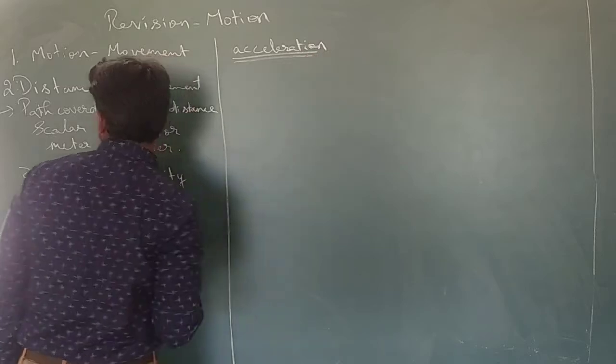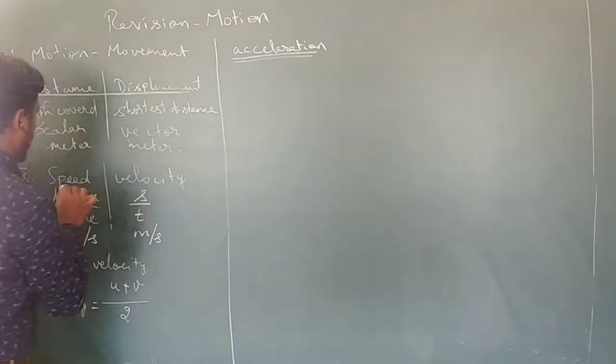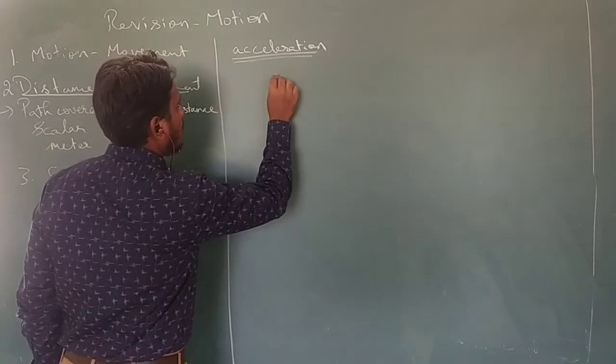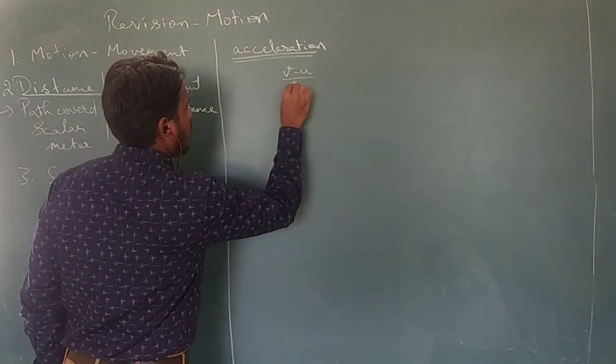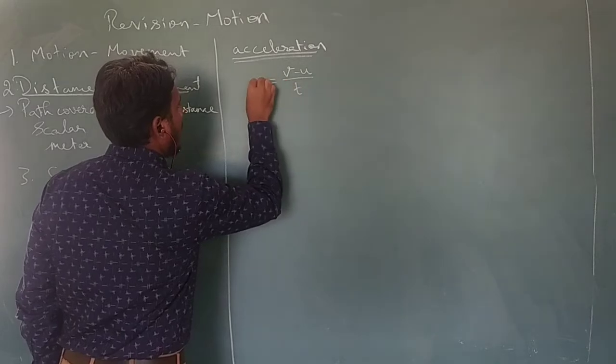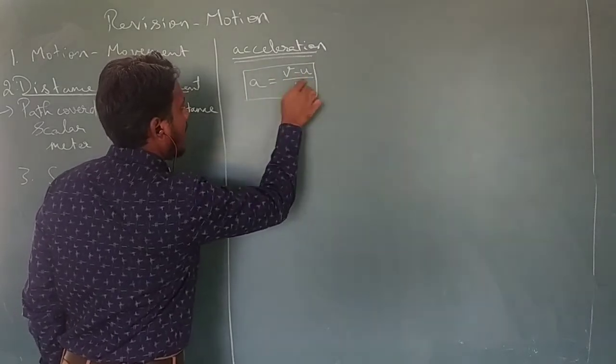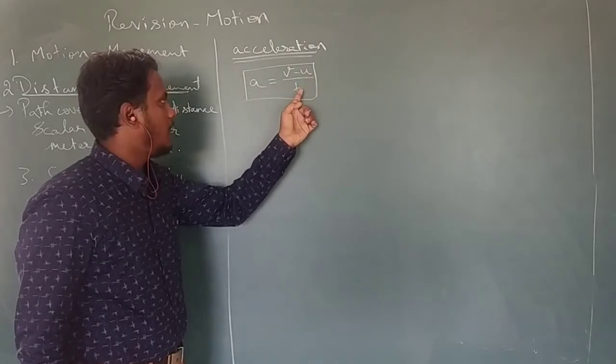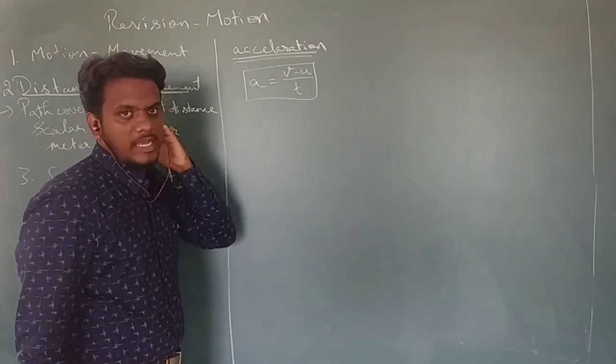What is acceleration? Acceleration is the change in velocity with respect to time: v minus u by t. v is the final velocity, u is the initial velocity, and t is the time taken in seconds.